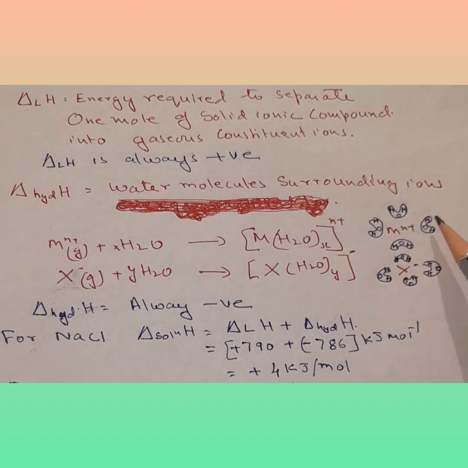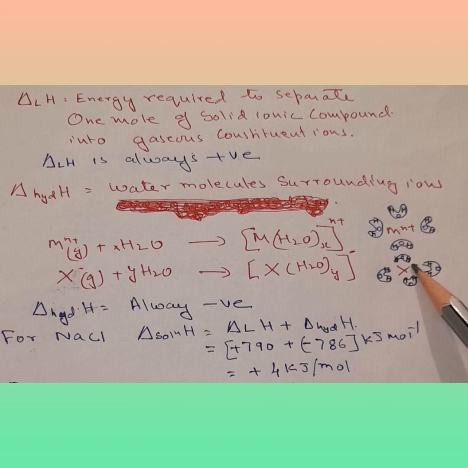Now water we normally represent like a cashew, because we know that the bond angle of water, which I have already presented earlier in my video, is 104 degrees. So that is what happens in case of cation, whereas in case of anion it's the reverse. Why?